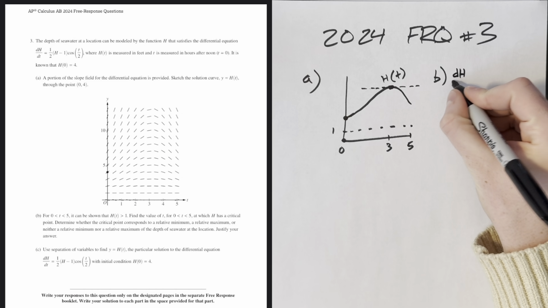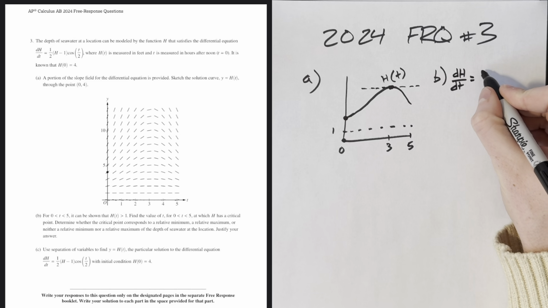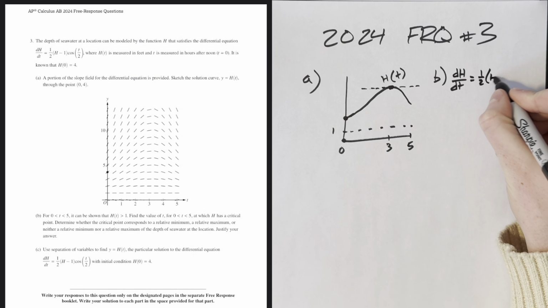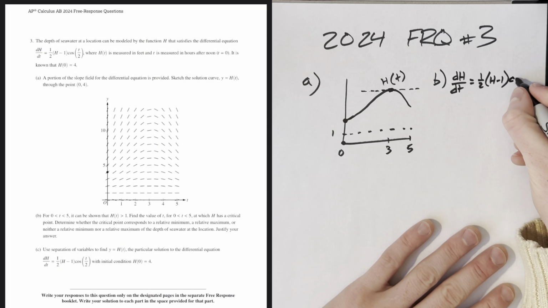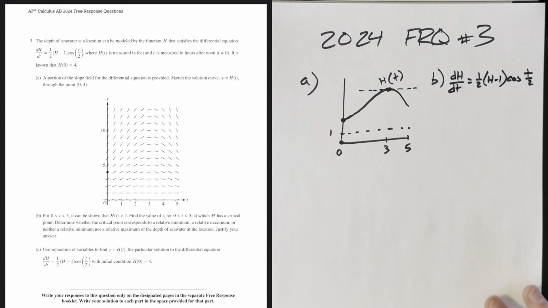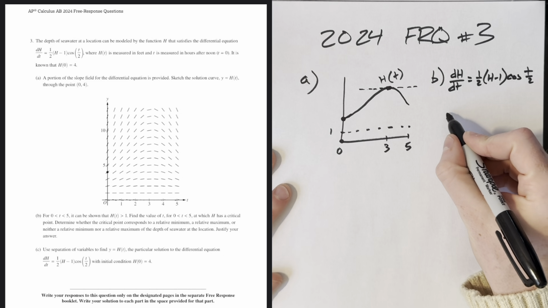So looking at our differential equation, it looks quite a bit complicated, but 1/2 times (h minus 1) times the cosine of t/2, right? We know that at this point, our slope is equal to 0.